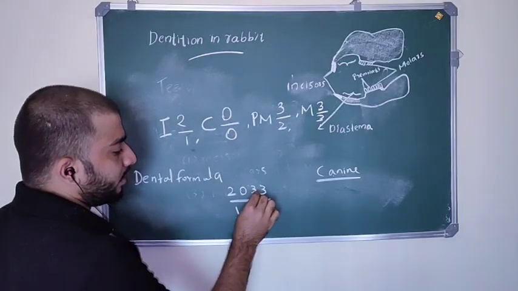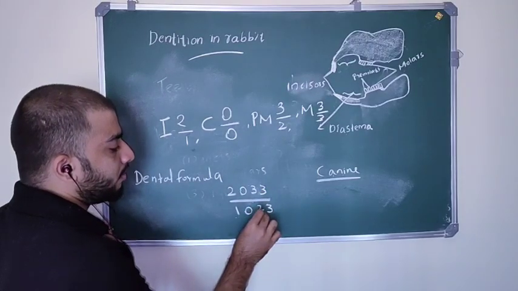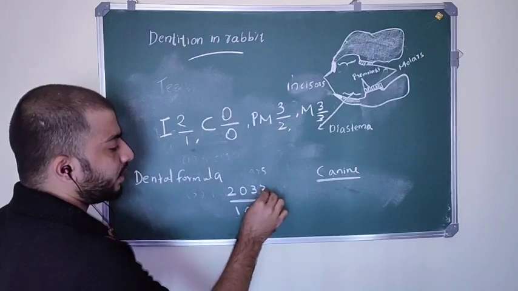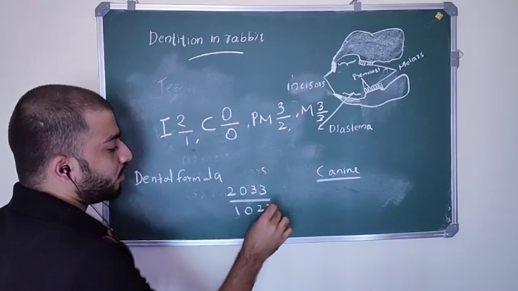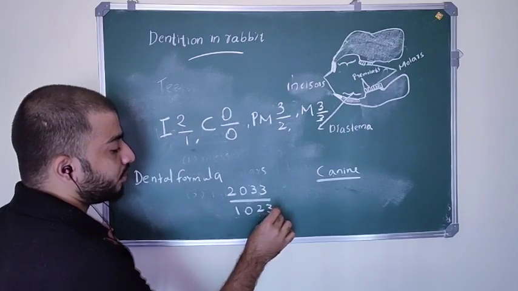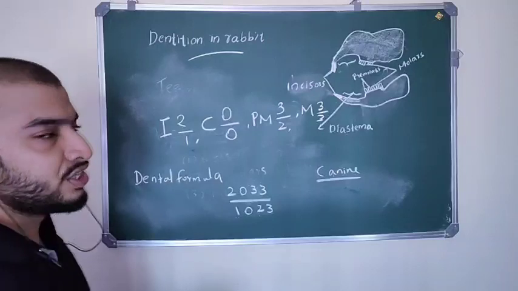The 3 here means premolars present on the upper jaw, and 2 here means premolars present on the lower jaw. The 3 here means molars present on the upper jaw, and molars present on the lower jaw, these three. So that's about dentition in rabbit.